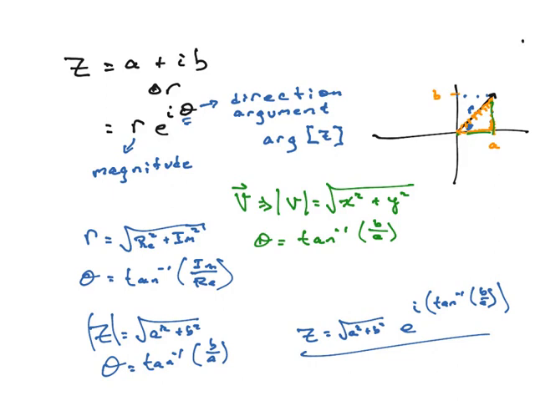Just because, number one, it's more compact and quicker to write, and number two, exponentials, just generally in mathematics, are very, very nice to work with. They're definitely nice to work with in calculus, but it's true in all sorts of math. So you see the exponential form a lot.